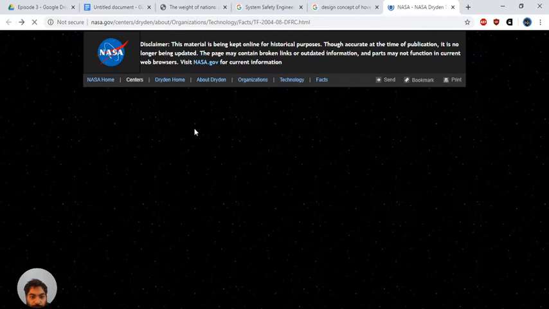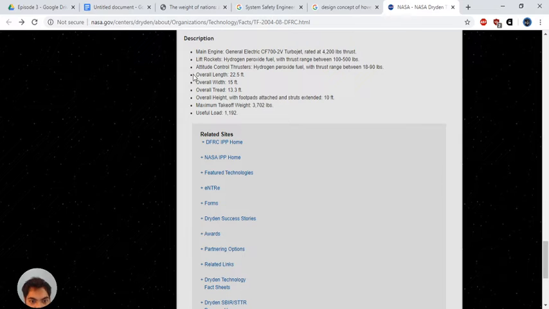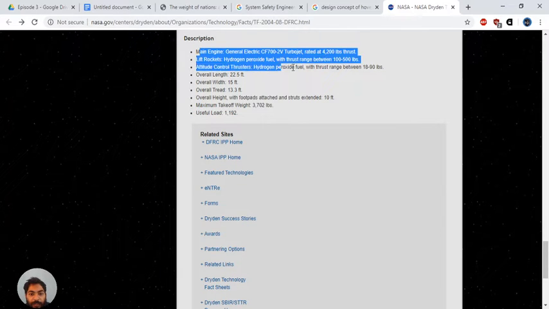They're given the design specifications here. Maximum takeoff load. See? They've already given it there.